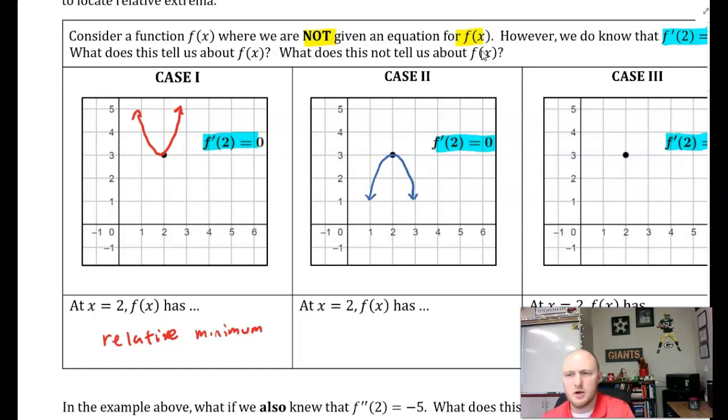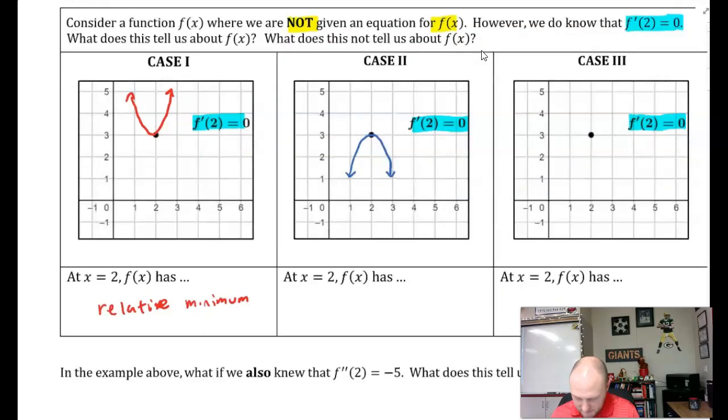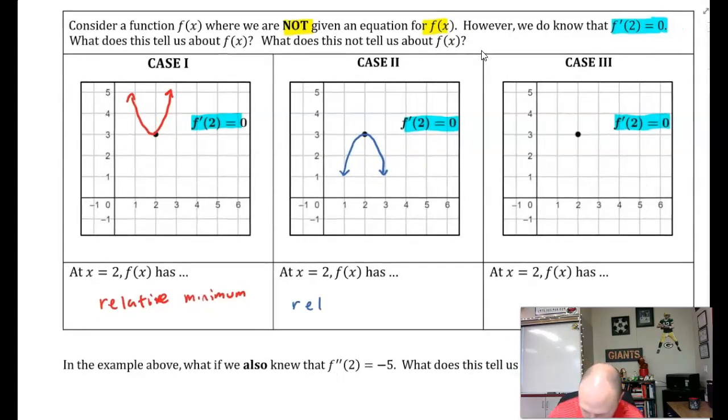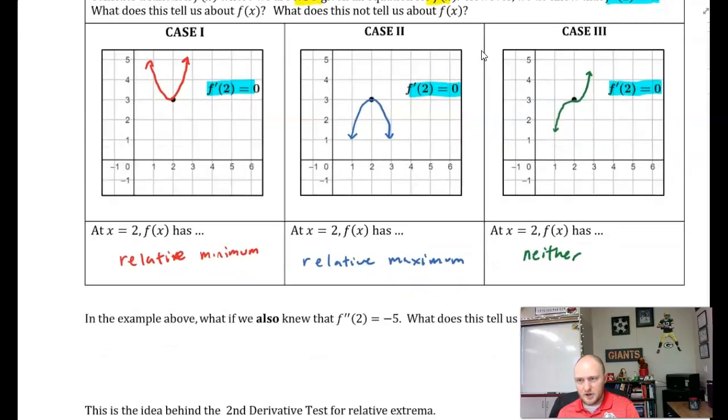What if it is concave down? Well then, f of x has a relative maximum. And what if, let's just say it's a saddle point. What if it's that case? Well then, that case is neither.